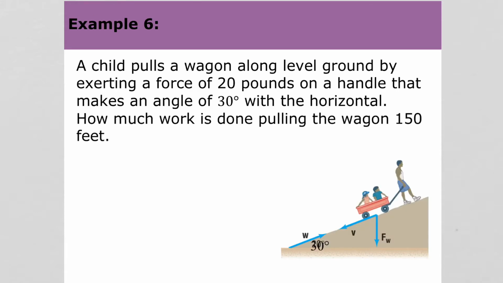So for example, in example 6, it says a child pulls a wagon along level ground. It doesn't look very level, does it? By exerting a force of 20 pounds on a handle that makes an angle of 30 degrees with the horizontal. How much work is done pulling the wagon 150 feet? So, what's happening here is the work is how it's pulling it up the hill.